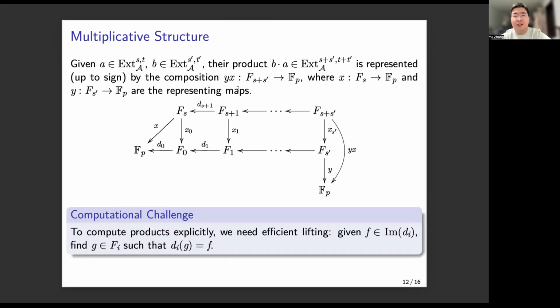Because, for example, we know a priori that the E2 page multiplication is associative and graded commutative. So there are a lot of computations we don't need to do because they can be deduced from already computed products.